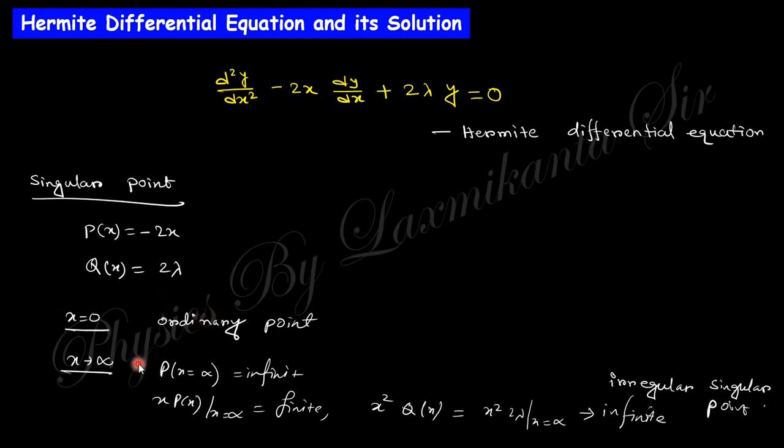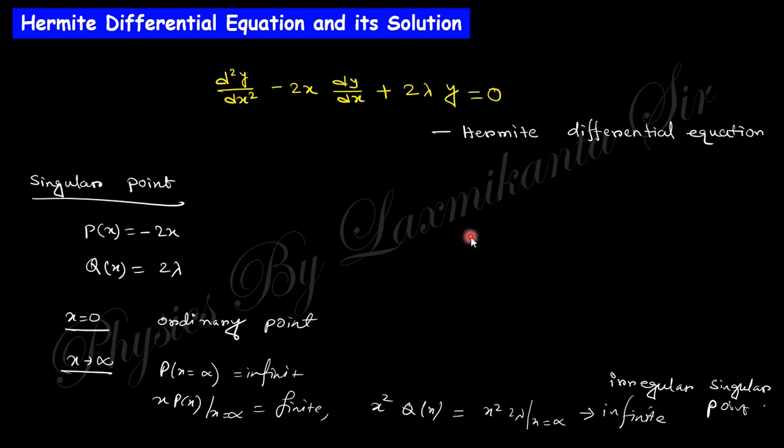Next, at x equal to infinity, p(x) is infinite, x times p(x) is also infinite, so this is an irregular or non-essential singular point. It is not regular because it is infinite, it will diverge. So x equal to 0 is an ordinary point, and x equal to infinity is an irregular singular point.